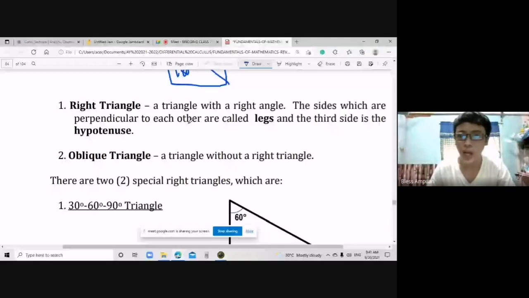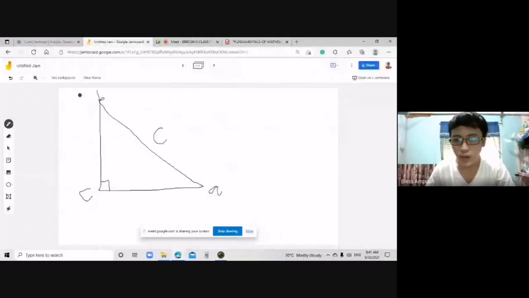Now, how can you say that particular lines are perpendicular? Again, let's review. These are called parallel lines. But when we say perpendicular, it means that they are like this.